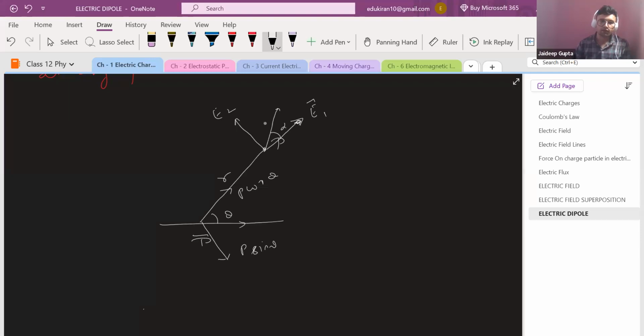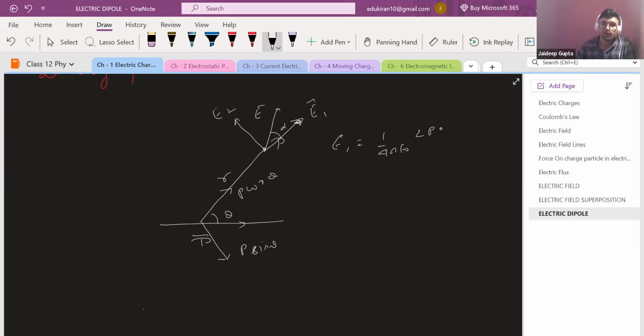The resultant electric field of these two vectors would be E. We have to calculate the electric field due to both of the components.